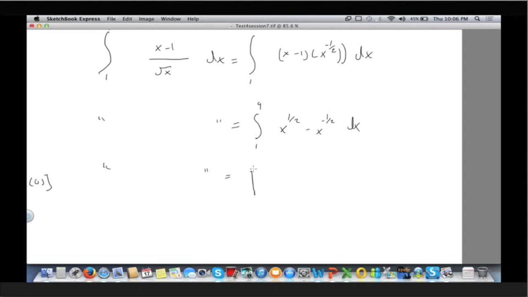Okay, so 3/2 divided by 3/2, 2/3 x to the 3/2, minus, plus 2/2, so 1/2 divided by 1/2, 2x to the 1/2. We add 2, so 1/2, divide by 1/2, flip it, 2x.